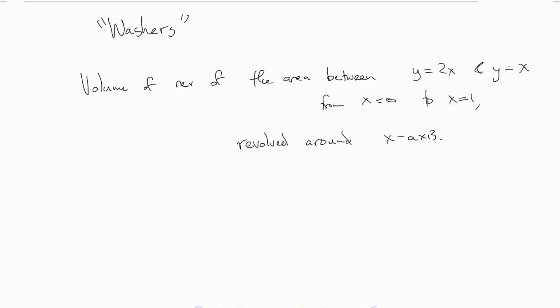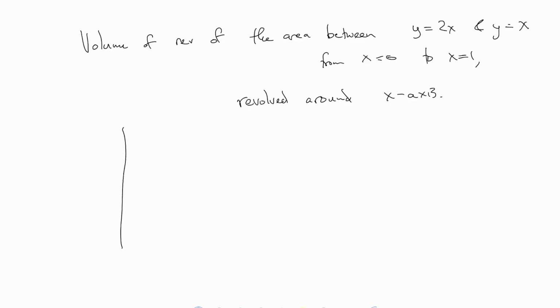All right. Because I said this area between, it makes the shape quite a bit weirder than the other examples that we've talked about so far. But I'm going to try and draw these various things. So y equals 2x and y equals x. I can draw those, no problem. It's like that, right? This is 2x, this is x.